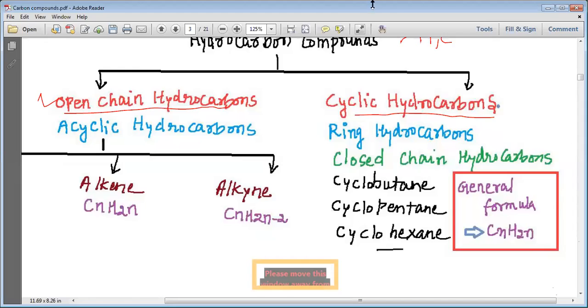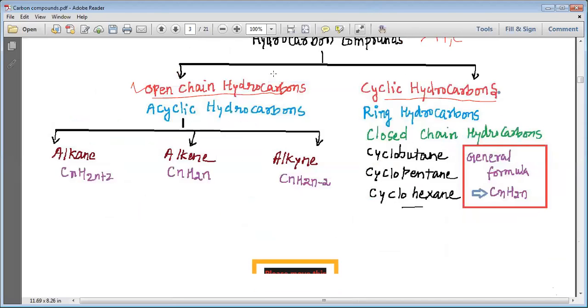Now let's first look at the open chain hydrocarbon, my dear students, and we will find that open chain hydrocarbons are also known as acyclic hydrocarbons, and these acyclic hydrocarbons are of three types: alkane, alkene, and alkyne.